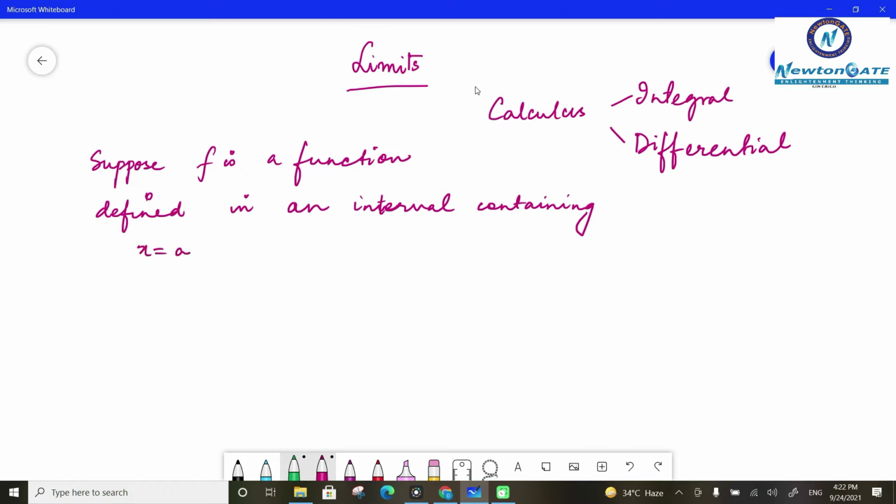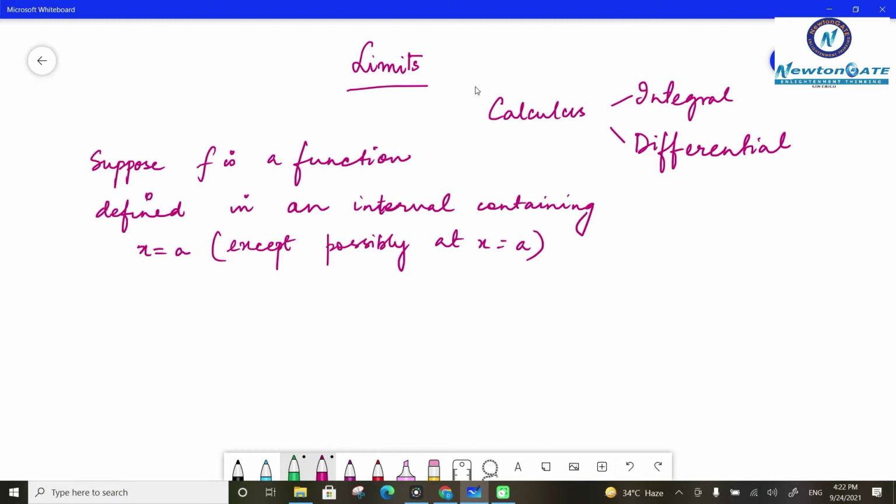Here one thing we have to note: except possibly at x equal to a. I am coming to what exactly we mean by that line, except possibly at x equal to a.